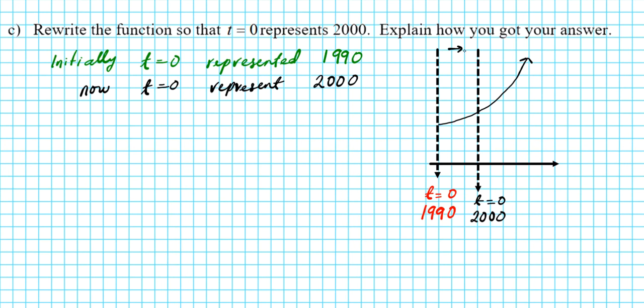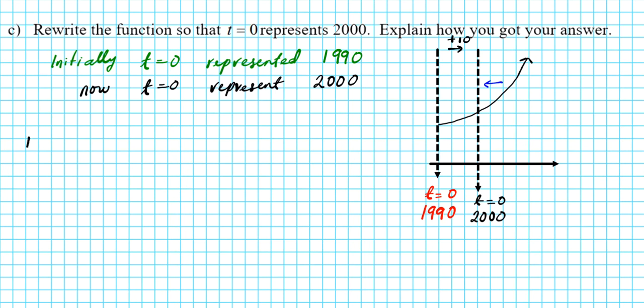Either shift your y-axis to the right by 10 units, or shift the function to the left by 10 units. We know that we can capture the transformation by actually altering the function itself. So what we're going to be doing is adding 10 to the t value.